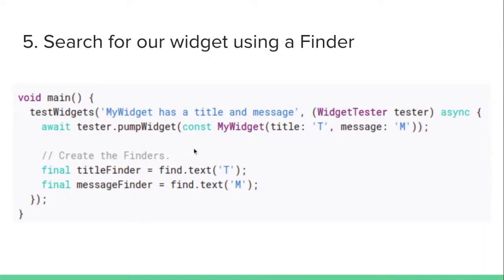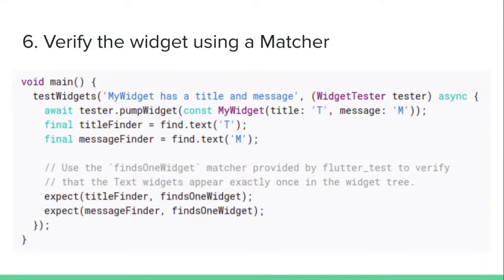Step number 6, verify the widget using a matcher. You can verify the title and message text widgets appear on the screen using the matcher constants provided by Flutter test. Matchers are classes. Matcher classes are a core part of the test package and provide a common way to verify a given value meets expectations.